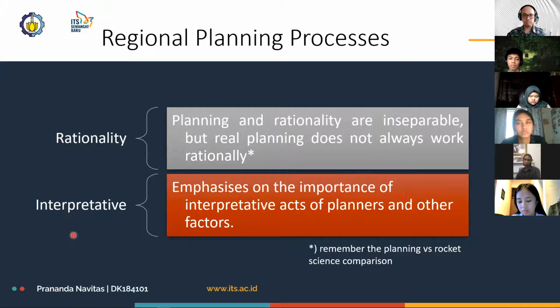And what I mean by this is, I'll tell you of the time that some of the staff in the department and I were asked to come up with a strategy for housing and settlement in Sumenep, Madura. For those of you who don't know, Sumenep is situated in the farther east side of Madura Island, north south.